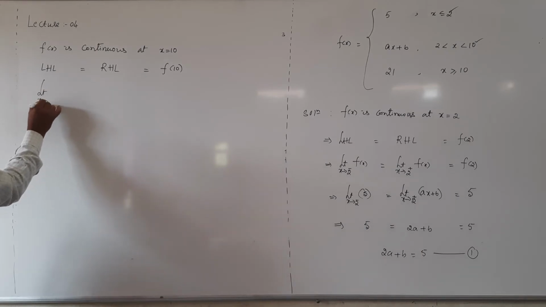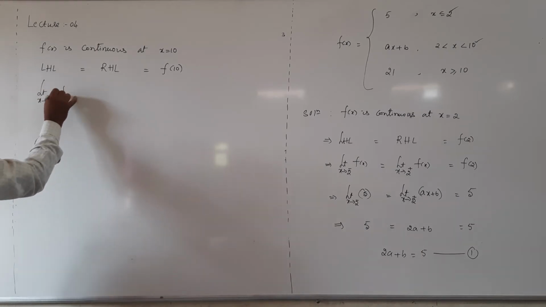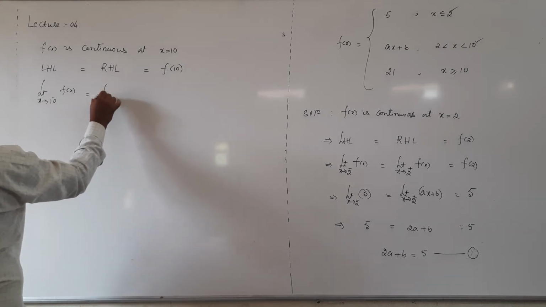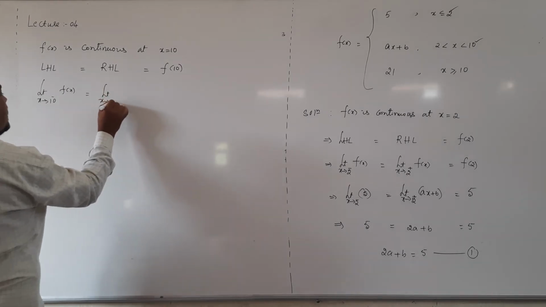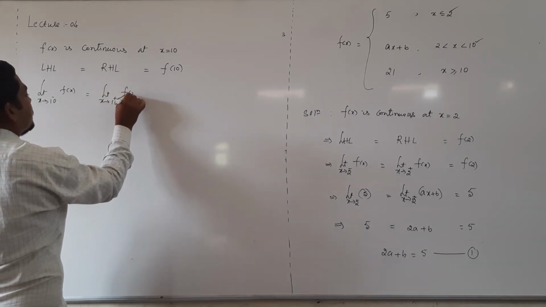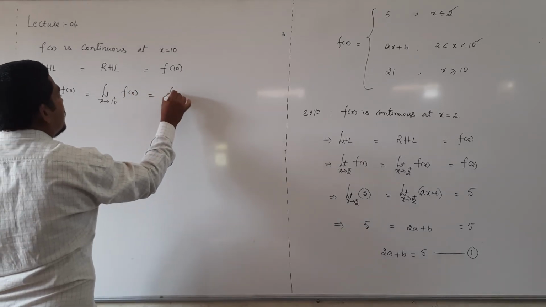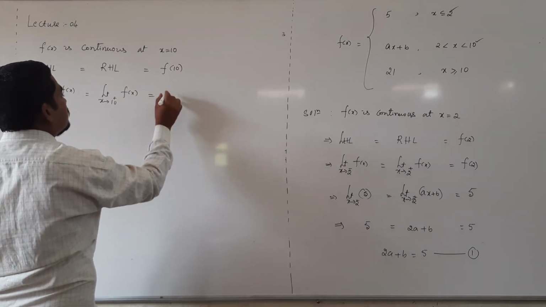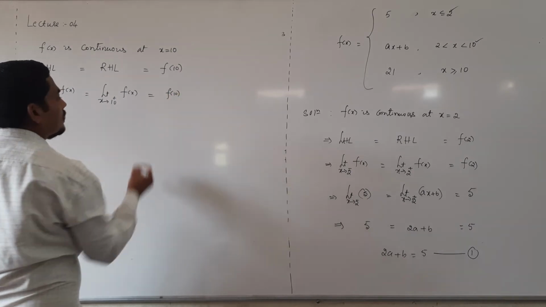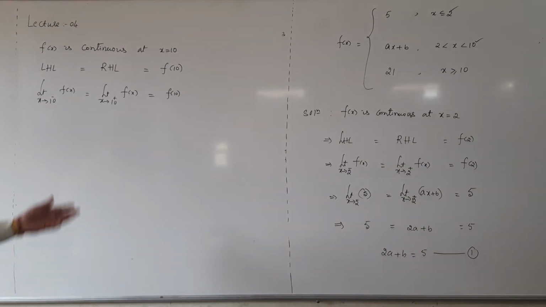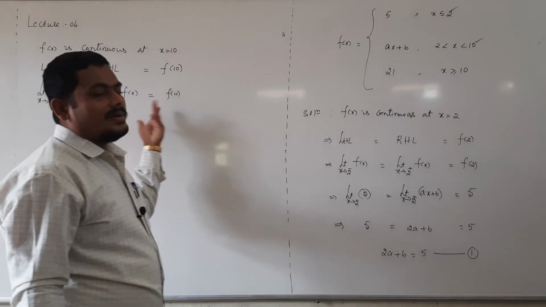Limit x tending to 10 minus f of x equals limit x tending to 10 plus f of x, that's equal to f of 10.